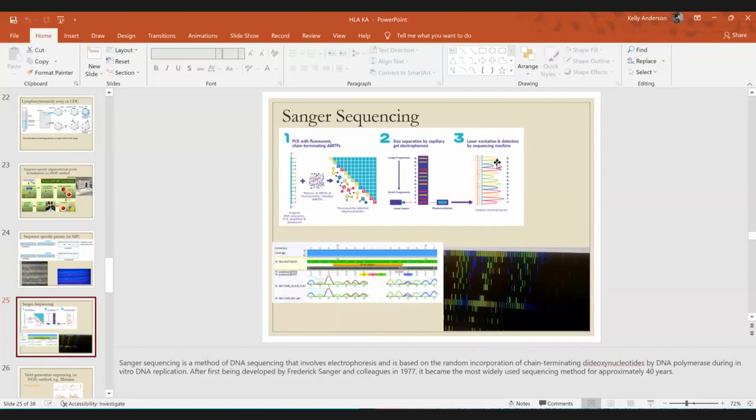And then you have an output of a sequence. Usually these kits will come with software that will help you analyze them. This is what the raw data will look like. And then it will help you analyze. So you'll see this is what your patient looks like at this region of the gene, and then it will give you a predicted HLA type.